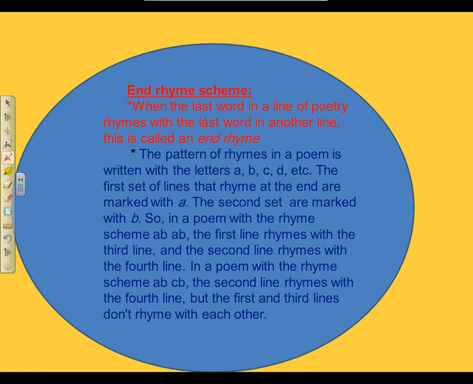Okay, if we have, for example, power and hour, they have the same end rhyme, and that's why we give them the same letter A. And then if we have two other lines having the same sound, they will take B. For example, cat and bat. If the lines end with these two words, they take two other letters like B or C or D, and that's it.